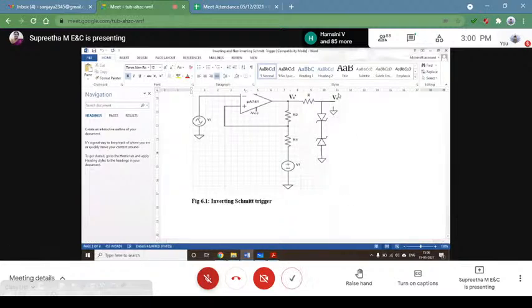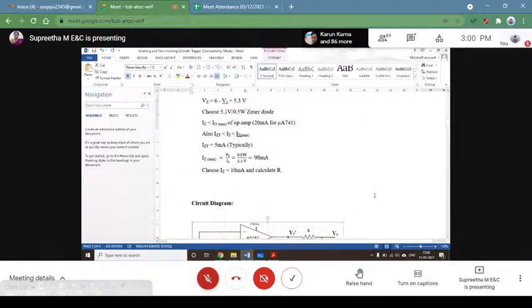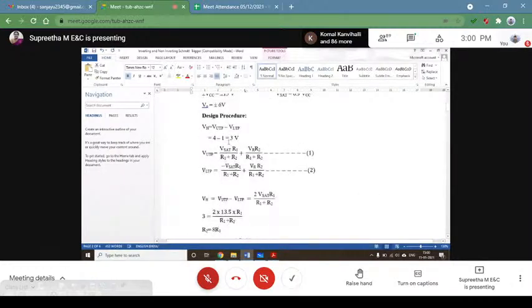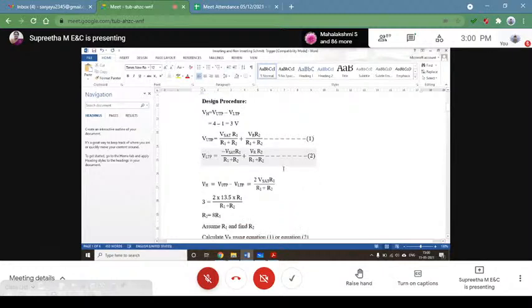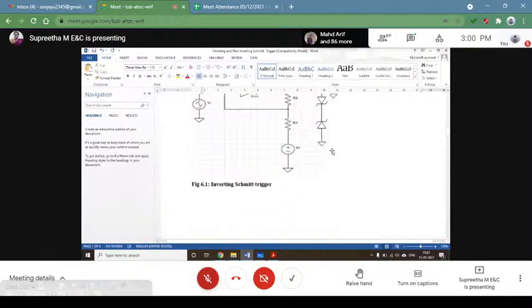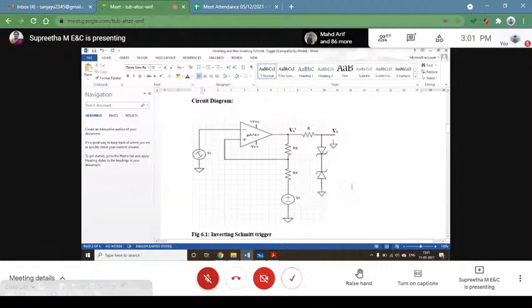Based on this, if your Zener diode is a 5 volt Zener diode, all your output voltage will be limited to plus or minus 5 volts, is it not? Even though you have designed it for a saturation voltage, because of this Zener circuit which you have connected here to limit the peak value, the peak value you are limiting depends upon this Zener diode.